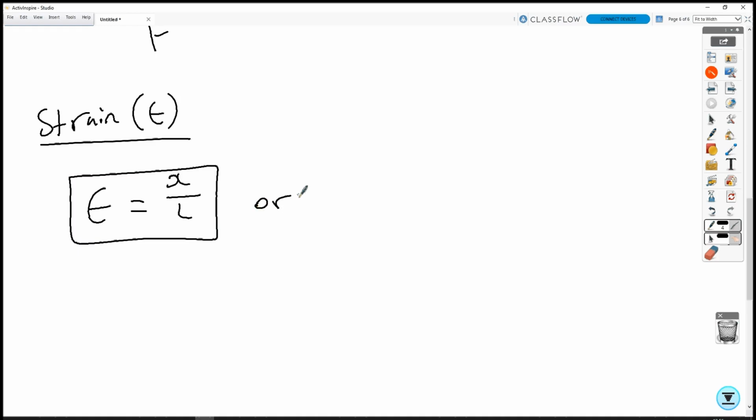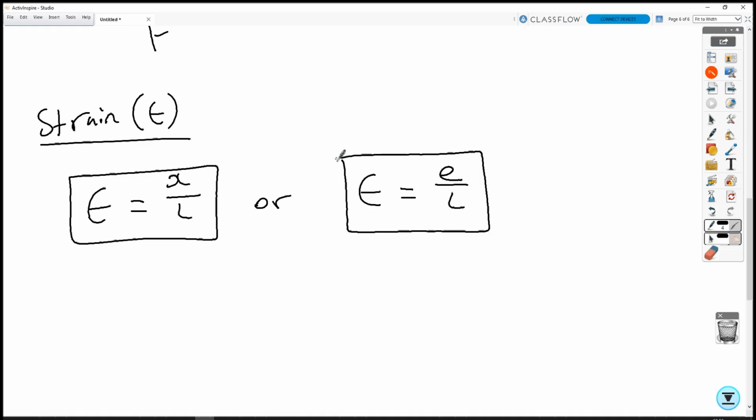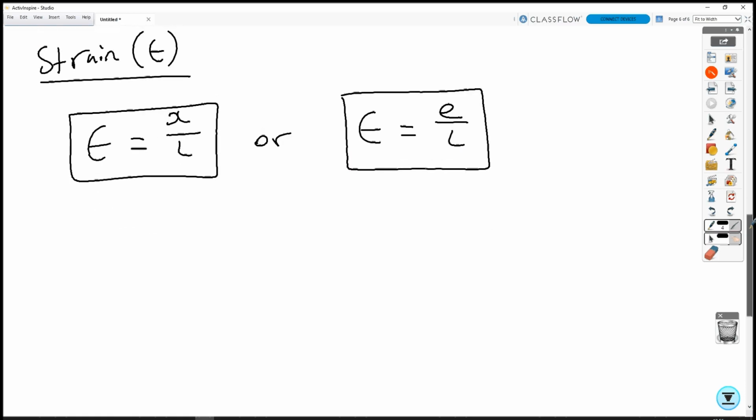Or we could write it as E over L. So both E and X stand for extension. Now, because it's extension over length, the units for extension are in meters, the units for length are in meters. So meters divided by meters means that stress has no units.